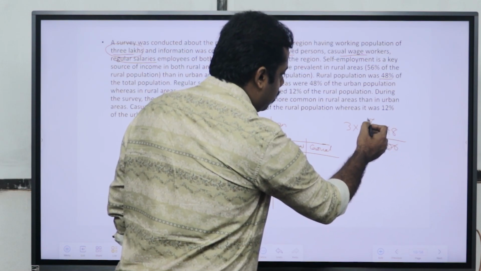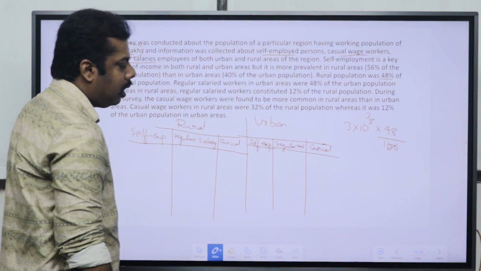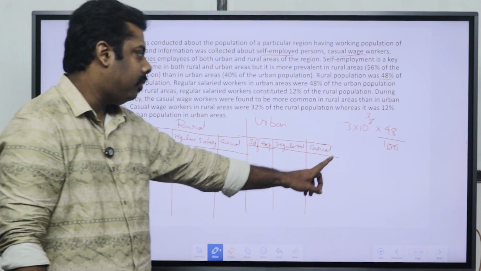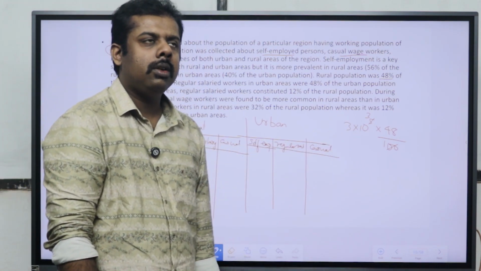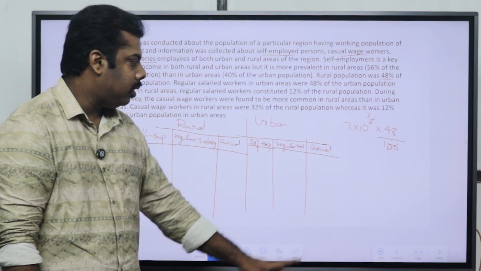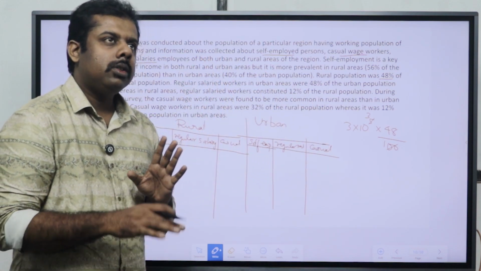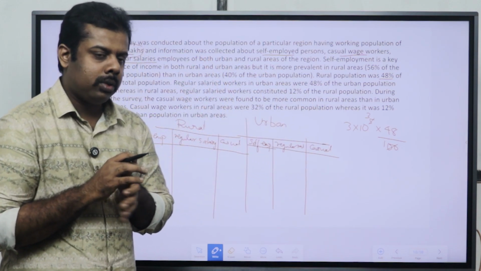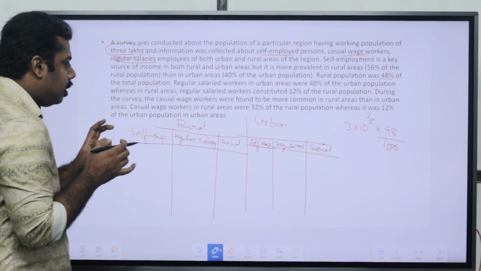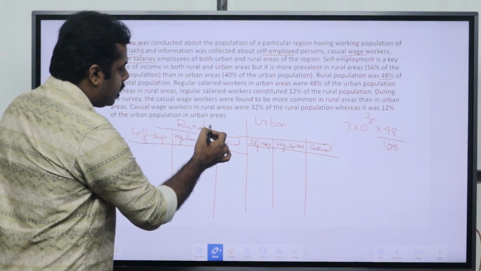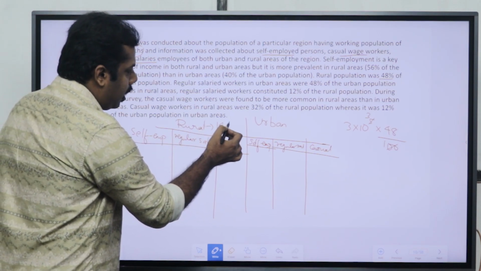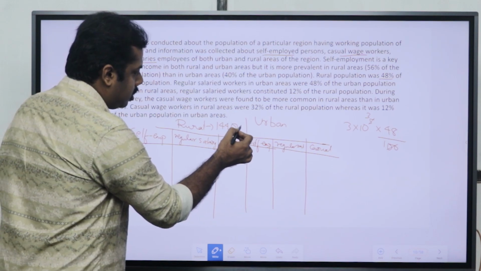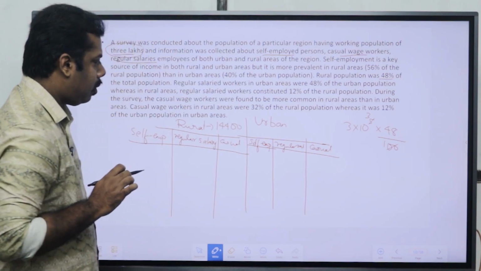Cancelling out the zeros, we get 3 into 10 raised to 3. Multiplying 48 into 3 gives 144 into 10 raised to 3, that is 1,44,000. So the total rural population here is 1,44,000.